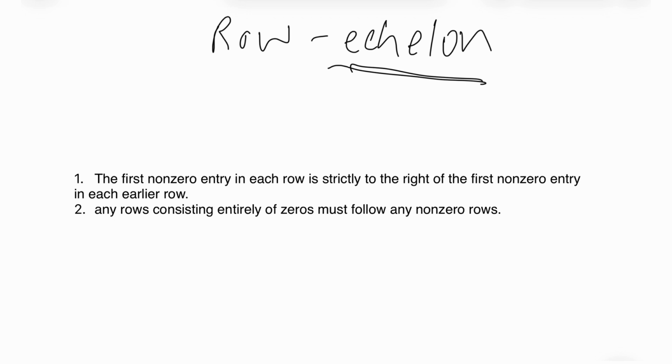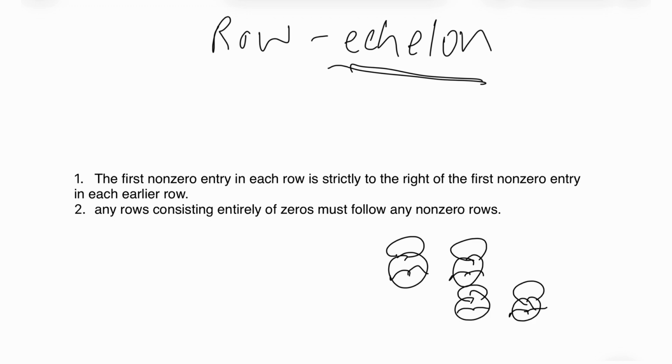Barring the racism, the French military organized their troops in the form of a staircase for tactical reasons, and this formation was called the echelon, and it somehow wriggled its way into math. But basically, that is what we're trying to make our matrix look like, a bunch of little staircased French people.